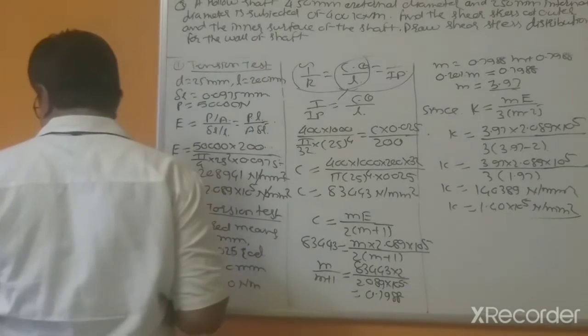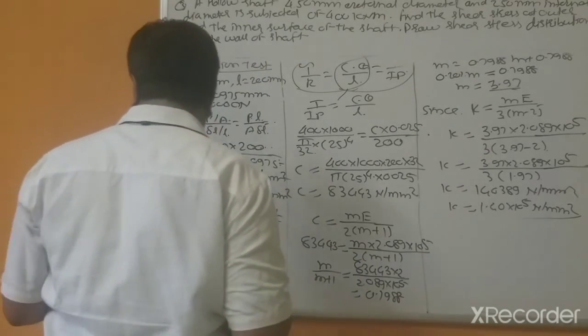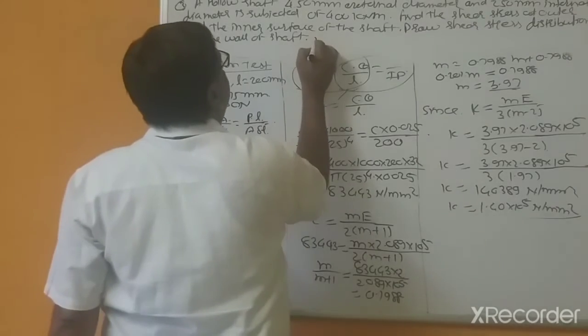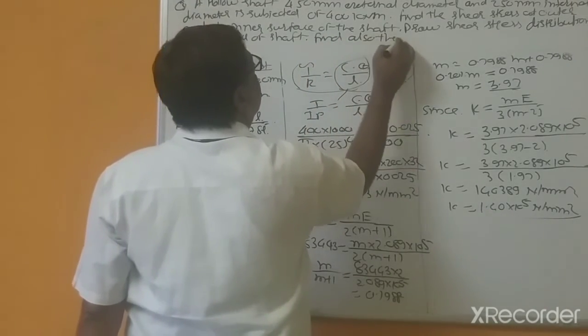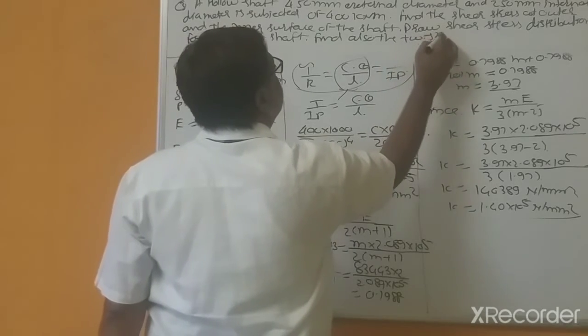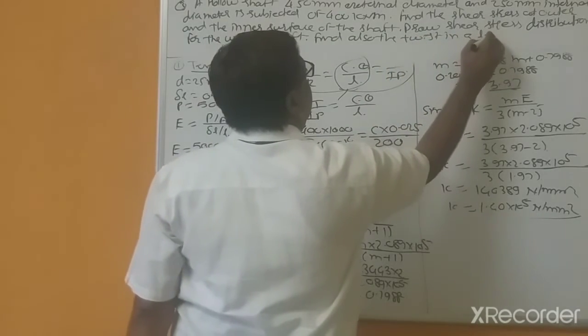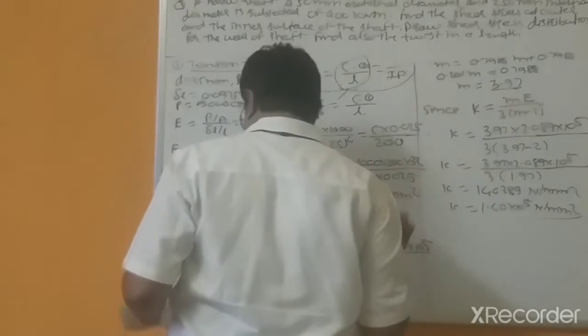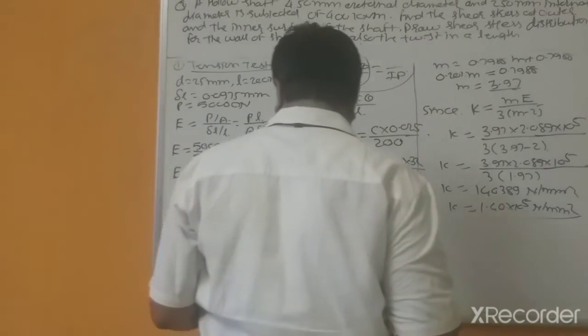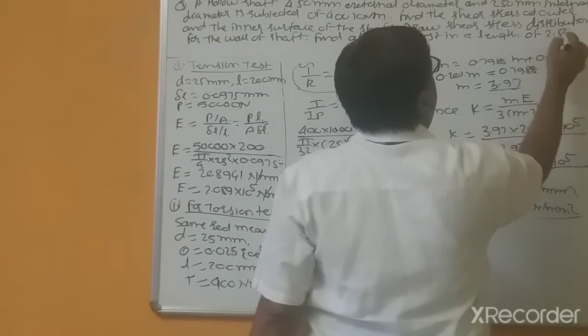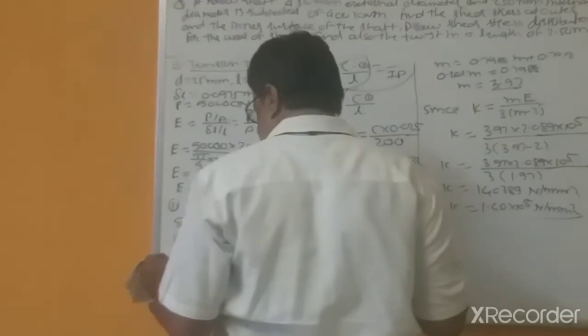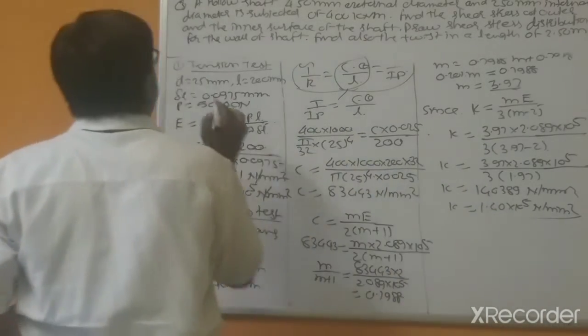Find also the twist in a length of 2.5 meter of the shaft.